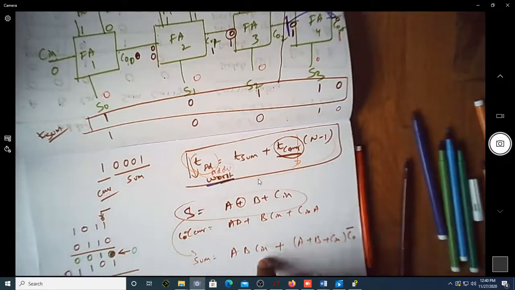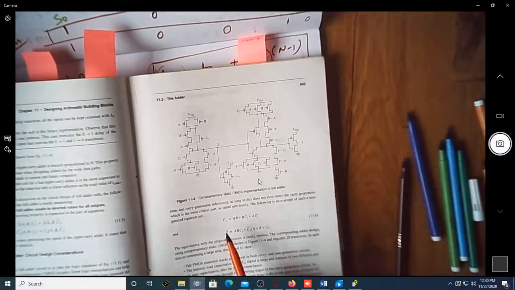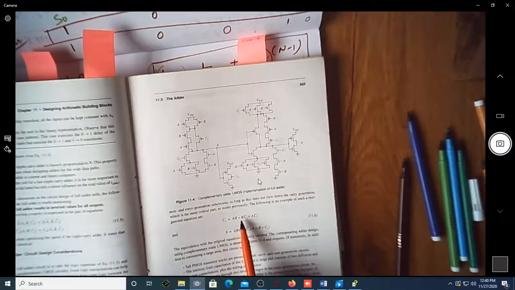Now let us see how we implement this. See here, there is the implementation. If you carefully notice, this is C out. C out is AB plus BC plus C into A into Cin.